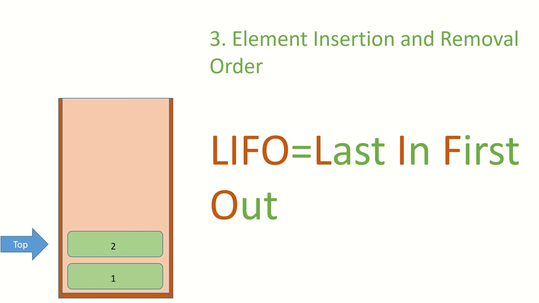If you call pop again, the last inserted element is 2. So pop will remove 2 from this stack and top will point to the next last inserted element. If you call pop again, 1 will be removed and now your stack is empty.